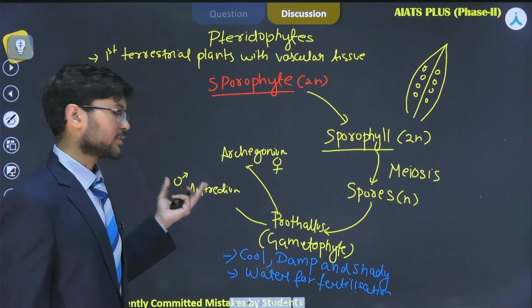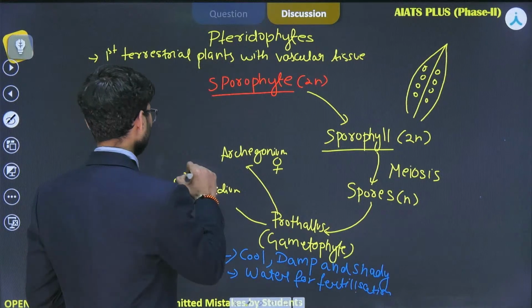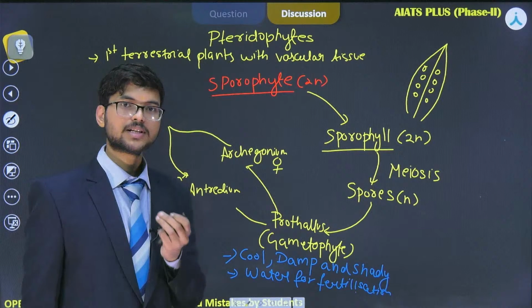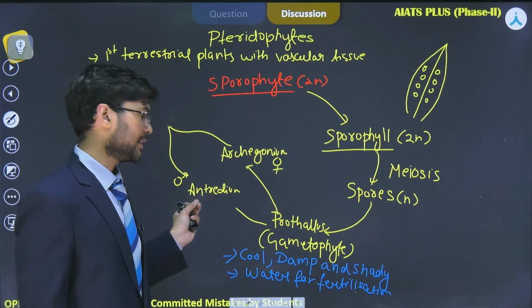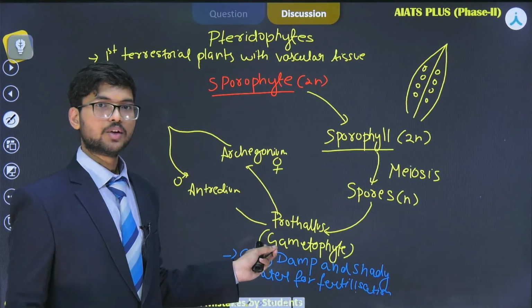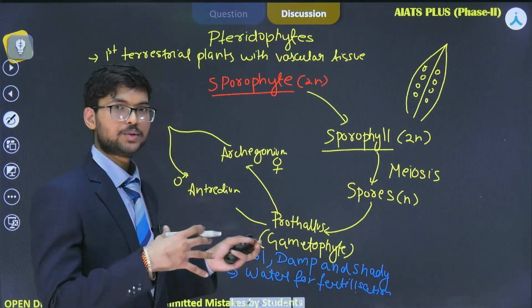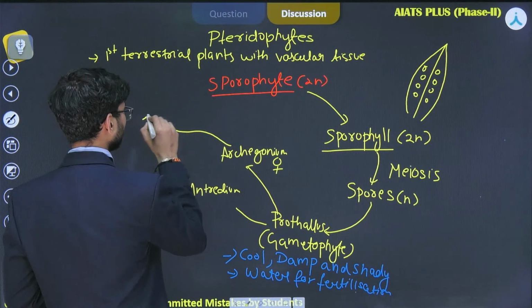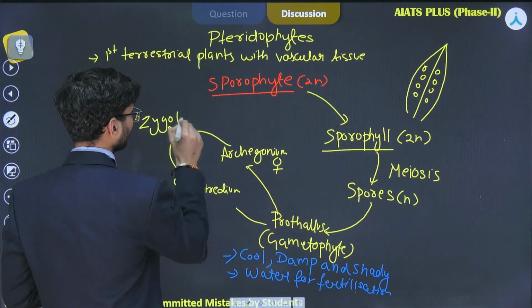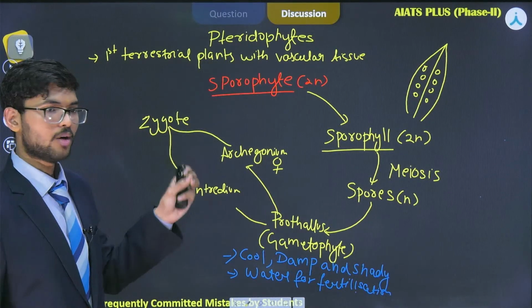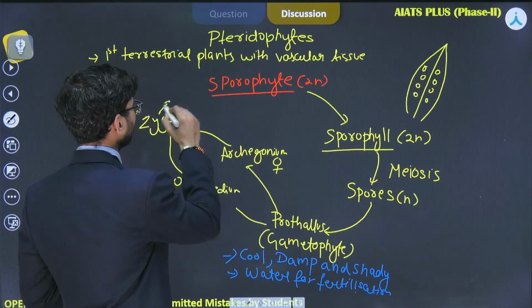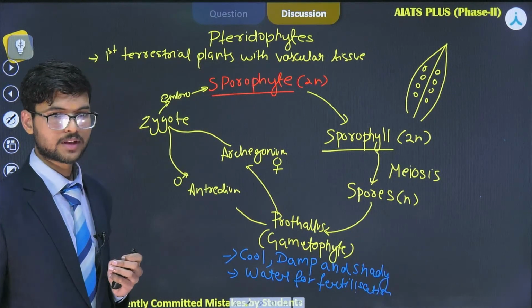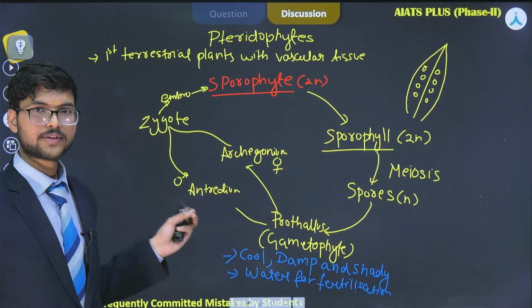For the process of fertilization, or syngamy, they require a medium which is water, and this specific requirement is what hinders the pteridophytes from spreading into wider localities. After syngamy they will form a zygote, and after the zygote the embryo will form and lead to the sporophytic phase. That was all about the life cycle of pteridophytes.